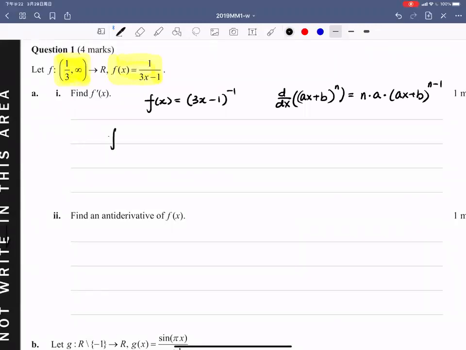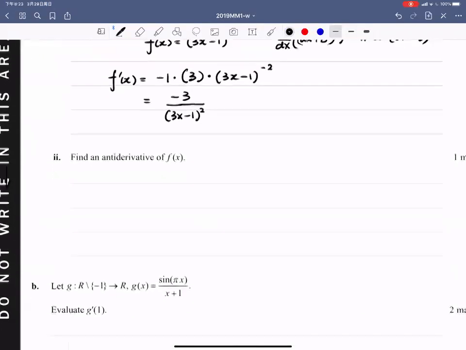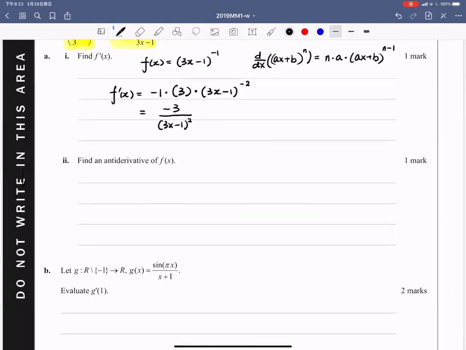So your f dash of x is apparently minus 1 in the front, because I'm bringing down the power to the front, and multiplied with 3, the inner derivative, and 3x minus 1 to the power of minus 2. Okay, so you should have minus 3 on 3x minus 1 to the power of 2 at the bottom. Okay, that's your answer. Next one, find an antiderivative of f of x.